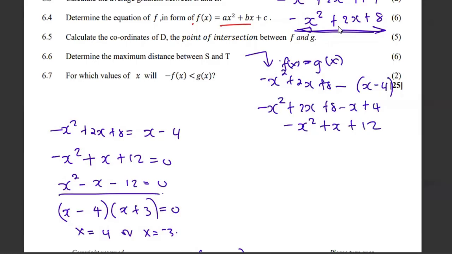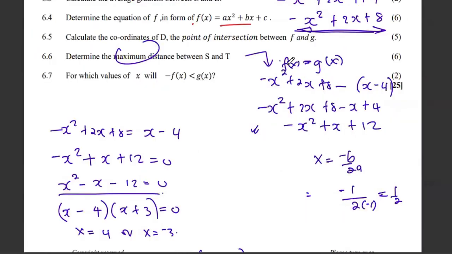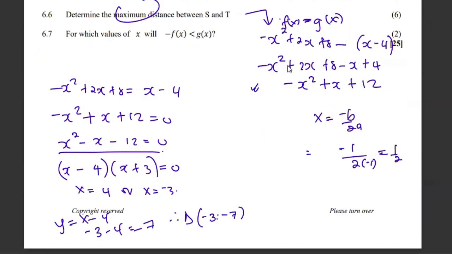Now, this gives us the distance between the graphs, and they want us to get the maximum. So with maximum, x is negative b over twice a. So negative 1 over 2 times negative 1. When x is a half, that's when we are getting the maximum height, or the biggest difference between the two. But they want that distance. So let's replace this half into that equation: negative a half squared plus a half plus 12.